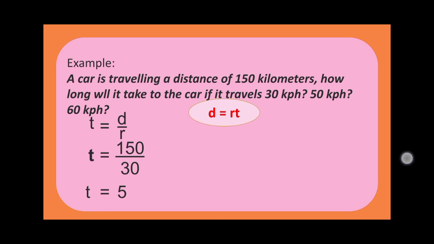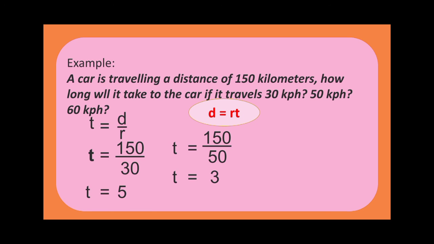Then, second, t is equal to 150, the distance, over the speed or the rate of 50 kilometers per hour. So, divide 150 by 50. The answer is 3. So, ibig sabihin, the car will travel 150 kilometers within 3 hours.